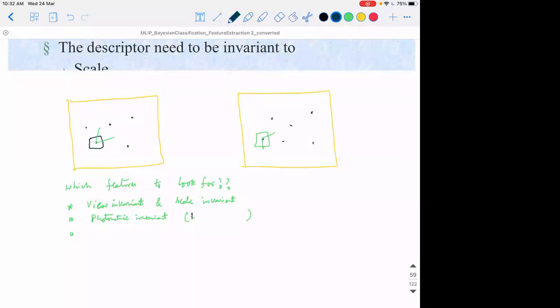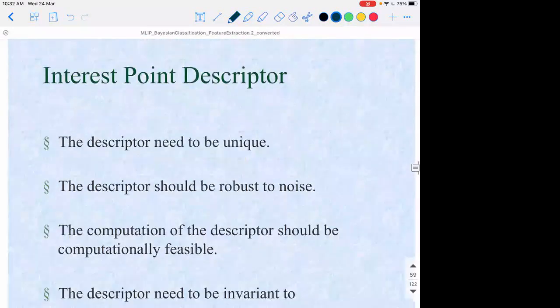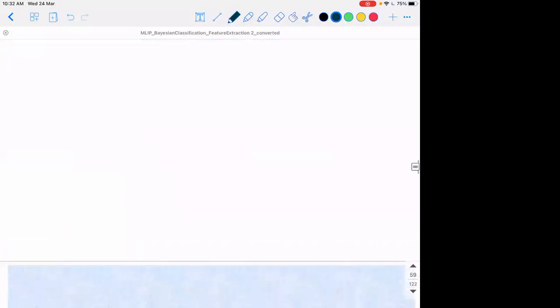We need to find the contours of the object first. Now the question is, for finding contours of the object, which are the guiding basic building blocks?